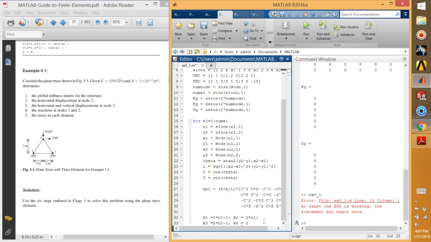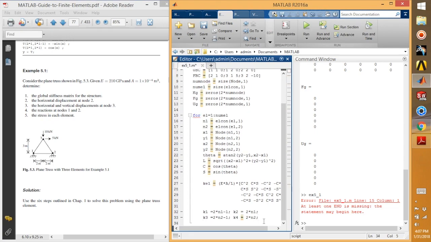So then we will have the global stiffness matrix Kg for K1 to K2, comma K1 to K2, which is equal to the same.